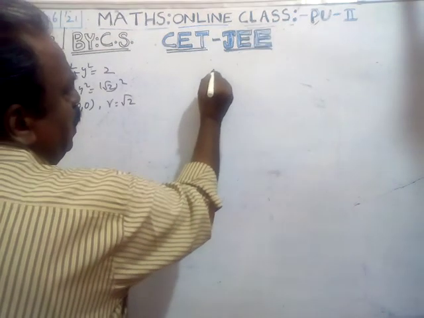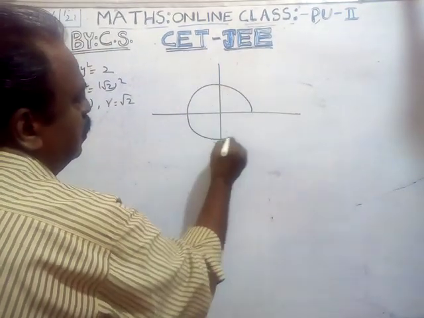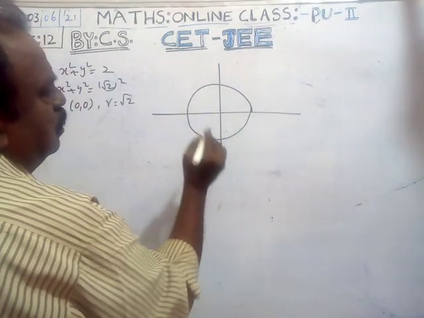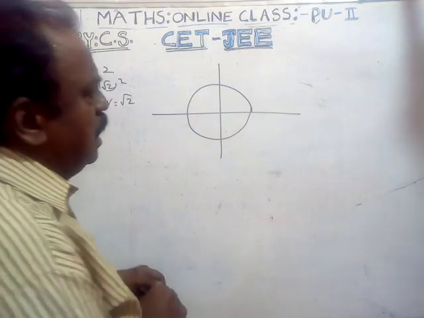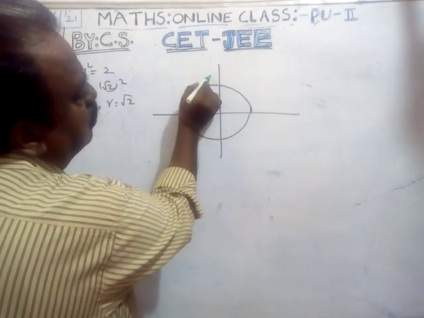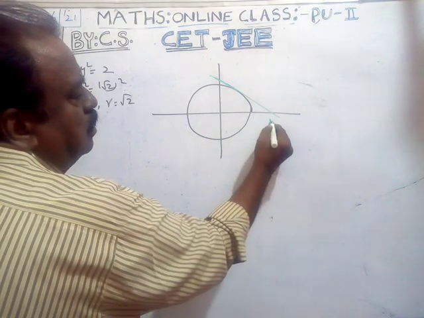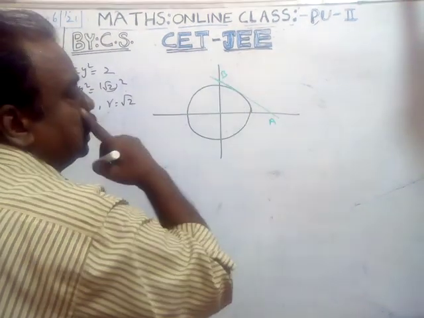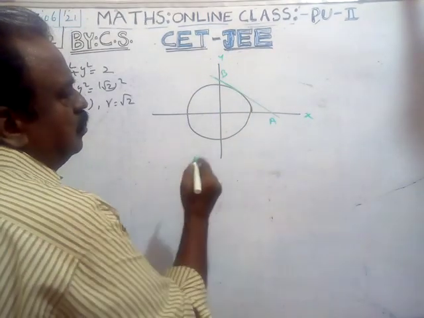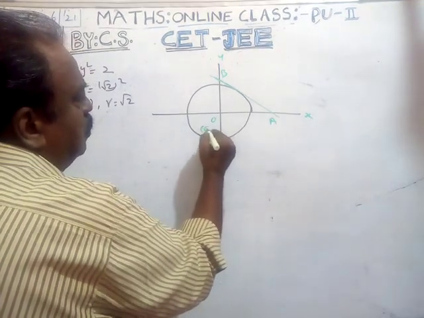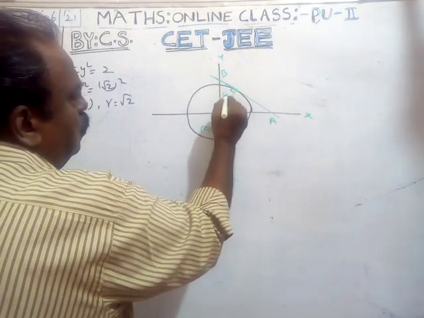Here the diagram is needed. A circle is there, and there is a tangent. Suppose the tangent touches here, and the tangent meets the x and y axes at A and B. Here is the center, and its radius is root 2.